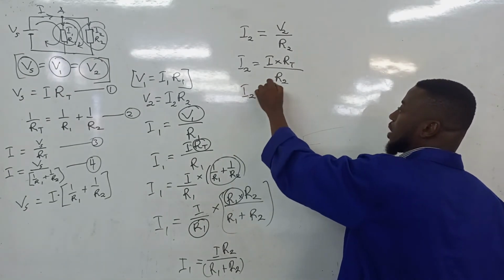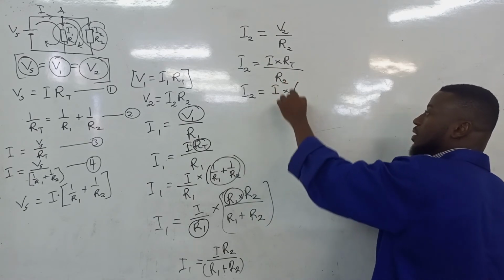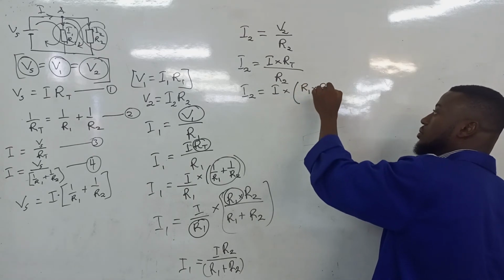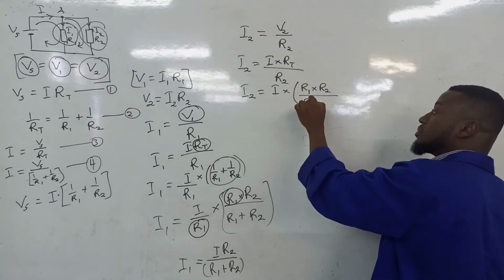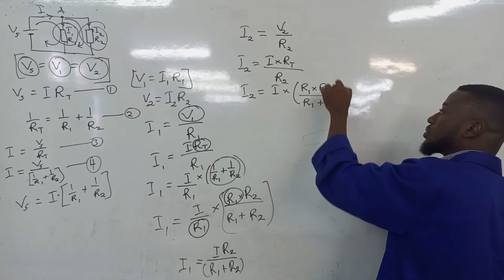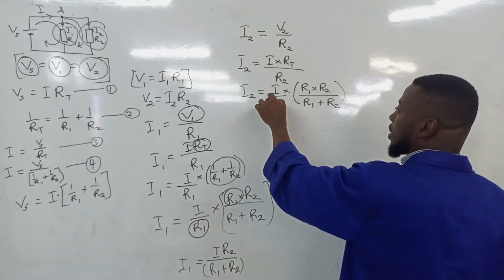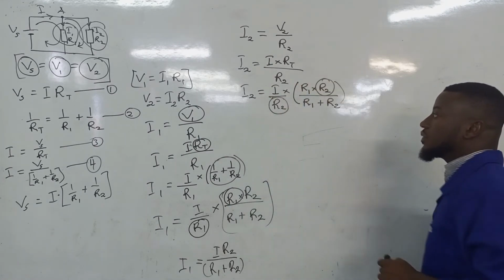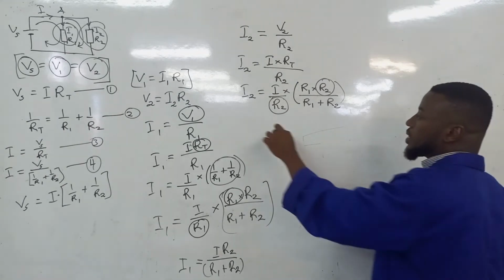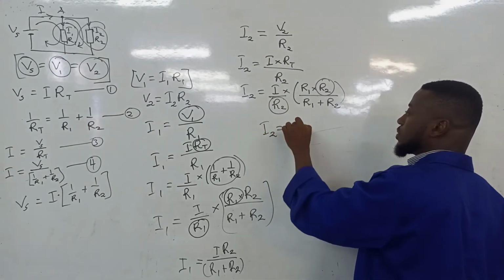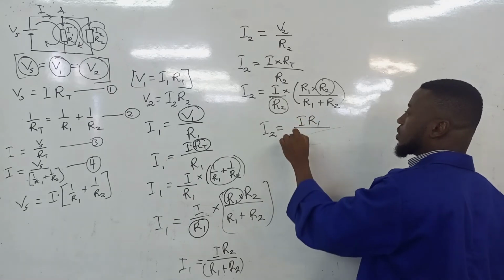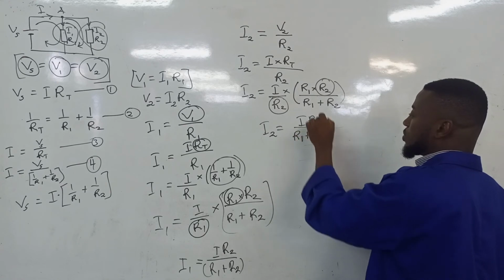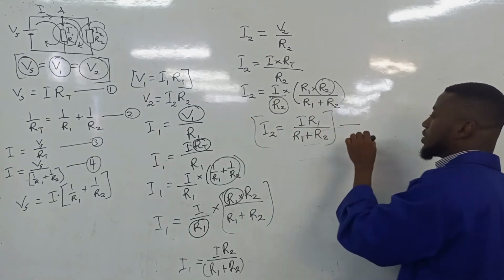I2 is I times R1 times R2 on R1 plus R2, over R2. Again, this R2 is going to nullify this R2. So we end up getting I2 equal to I R1 on R1 plus R2.